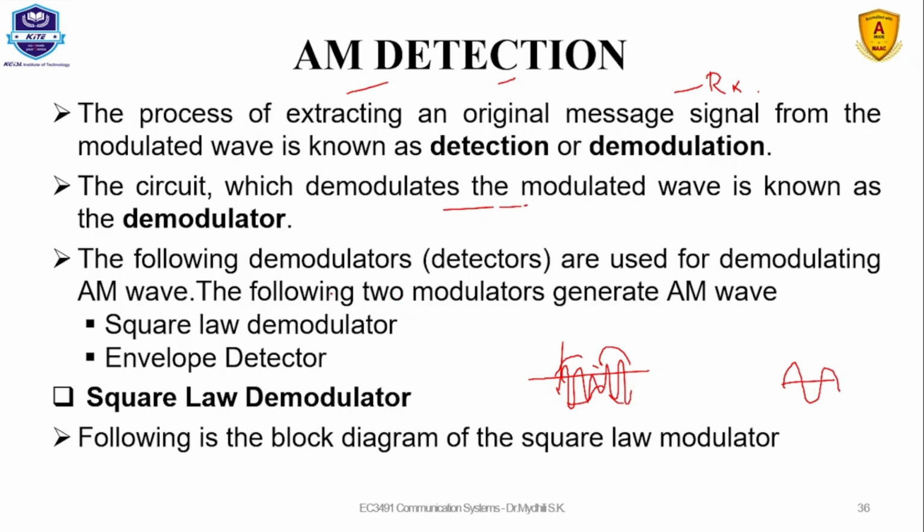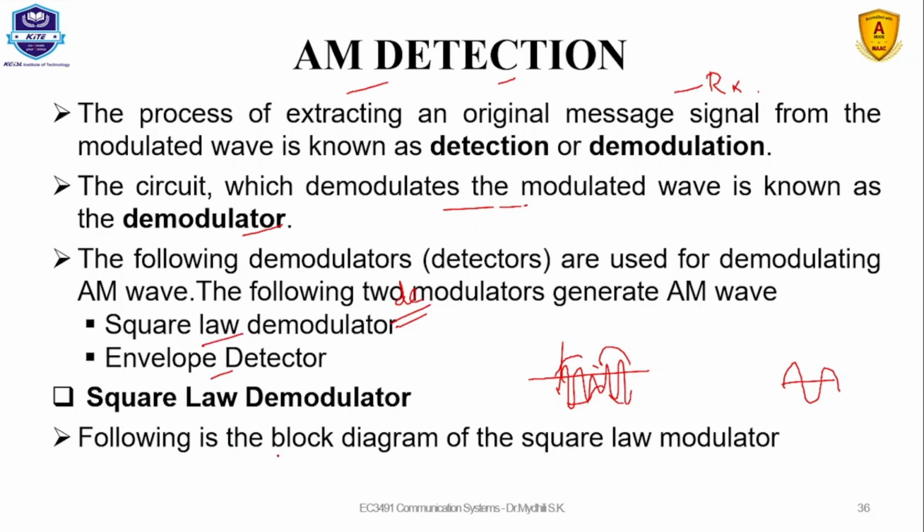The device or circuit used to demodulate is called a demodulator. The demodulators used for AM demodulation are the square law demodulator and the envelope detector.